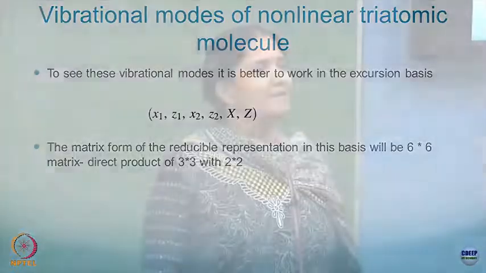There the long method helped me to say that the vibrational mode should be some linear combination of Q1, Q2, Q3 only, but I am not doing that now. I am going to derive that from this higher vector space which is 6-dimensional, associated with the 6 degrees of freedom of this molecule.